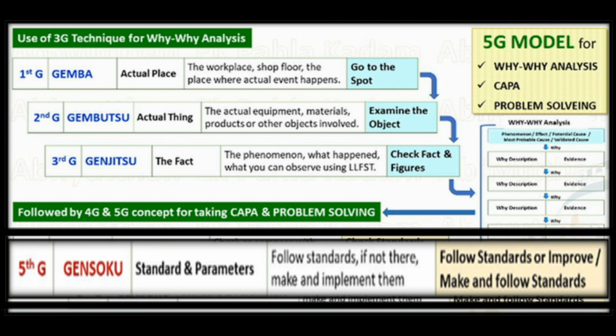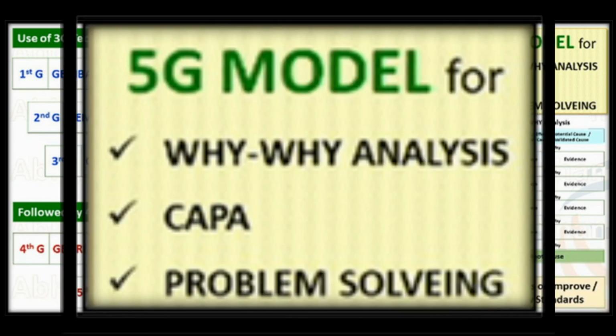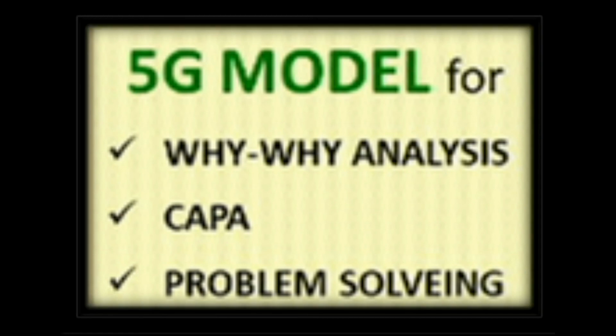First is the Why Analysis for getting the root cause of a problem, and second is where you have to standardize the principle and theory, check whether it is available or something is missing, and analyze that. And then after Gensoku, you have to re-standardize that, give new parameters and implement those.